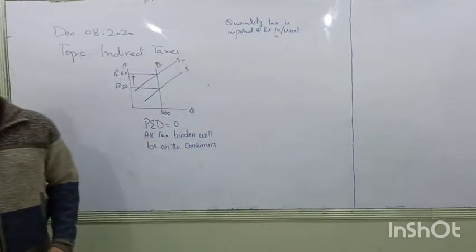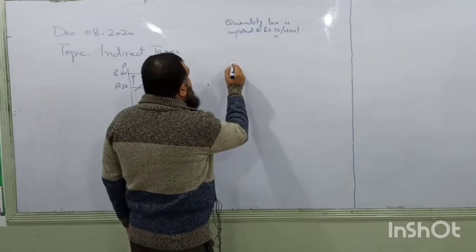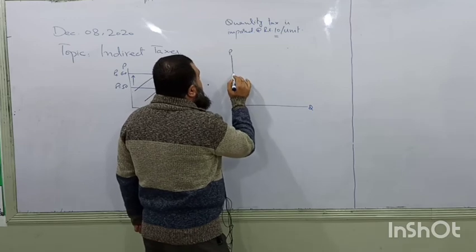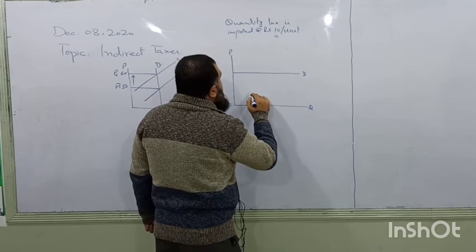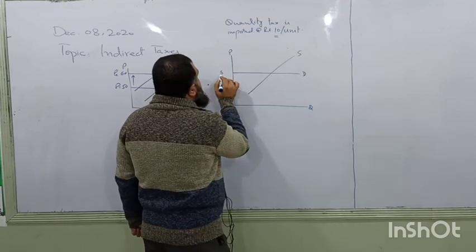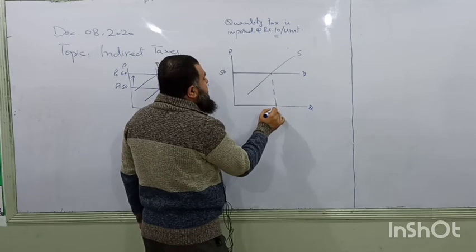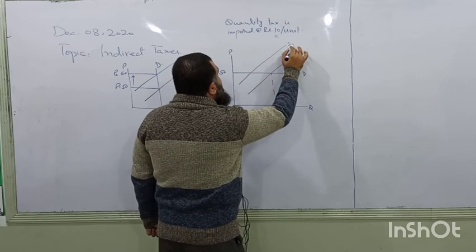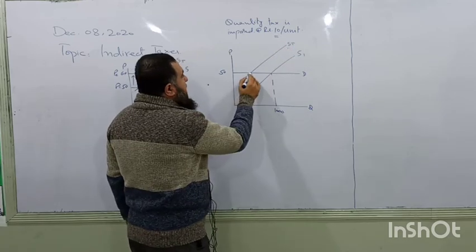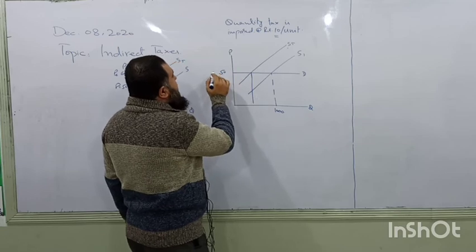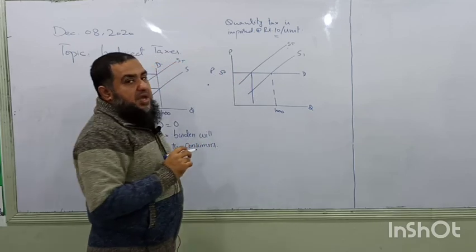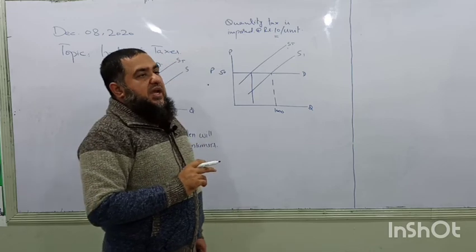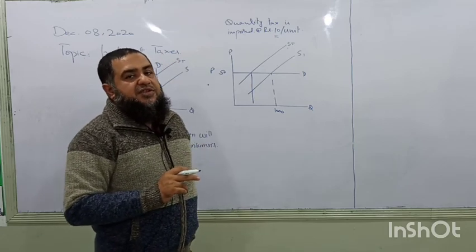Now if demand is perfectly elastic, this is perfectly elastic demand. Before the tax, this was the price, and 1000 units were traded. Now supply will shift leftward after the tax. Consumers will not accept a higher price because if price increases slightly, there will be zero demand for this product.